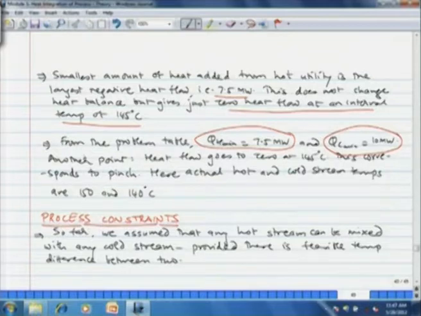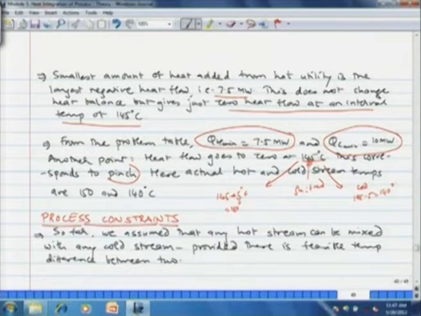Now another point which I already mentioned, but I repeat because it is important, the heat flow goes to 0 at 145 degrees centigrade. This corresponds to the pinch. But remember, 145 degree is a shifted temperature interval. So for this particular temperature, the hot streams are 145 plus 5 degrees hot, that is 150 degrees centigrade, and the cold streams are 145 minus 5, that is 140 degrees centigrade.